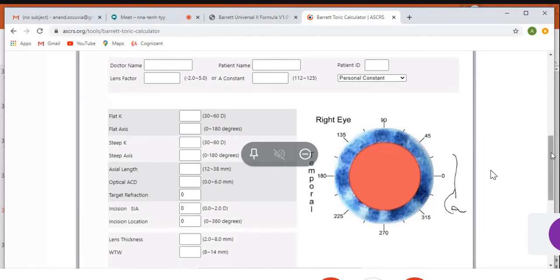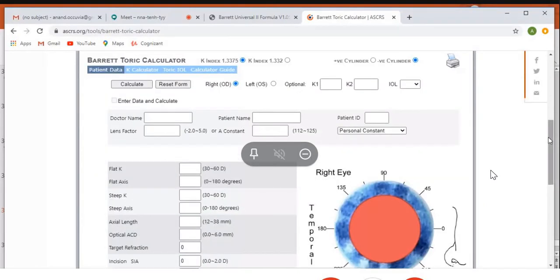So here the main thing is that, after you incorporate all the values, here I will put Dr. Vivian. So the lens factor is the same.